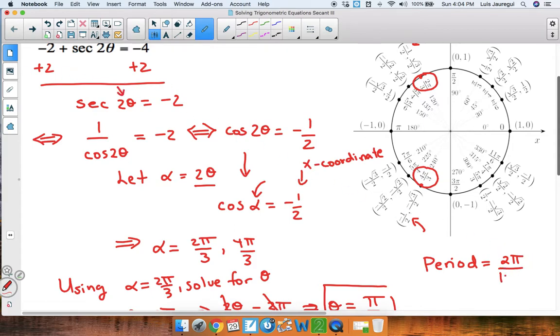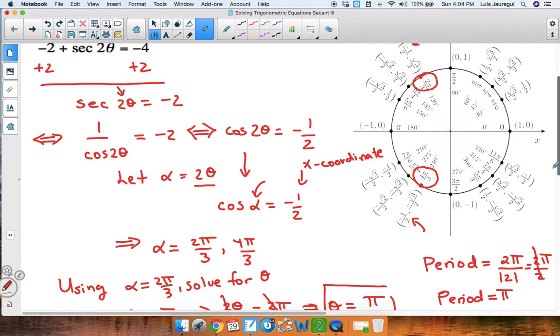We put the absolute value of that 2 as the denominator, so we get the period of secant of 2 theta. The absolute value of 2 is 2, so we have 2 pi divided by 2. So the period of that function is simply equal to pi.